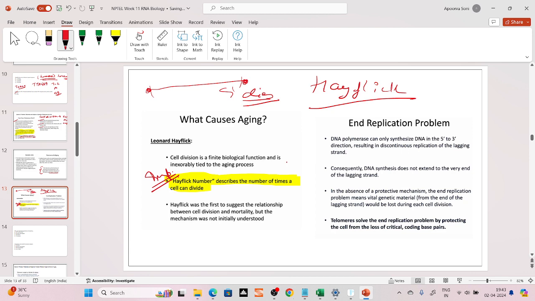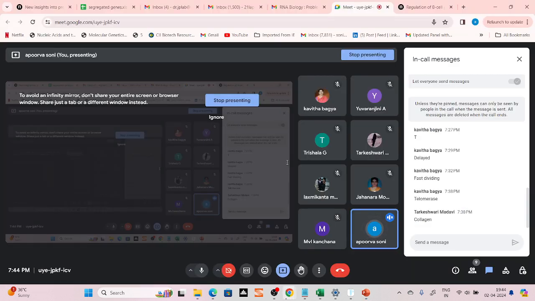That is the reason why germ cells have the telomerase enzyme. Why do you think germ cells are more important than somatic cells, given that germ cells have telomerase and somatic cells do not?